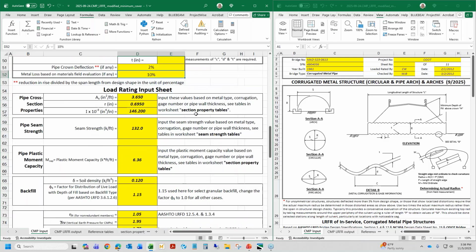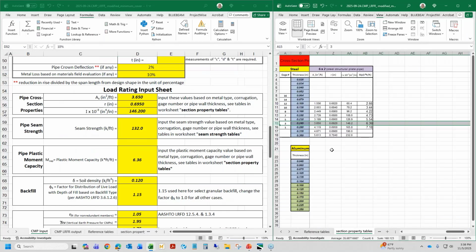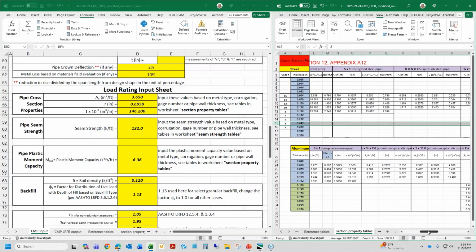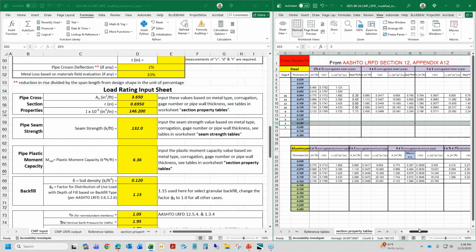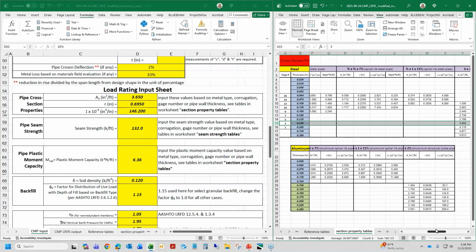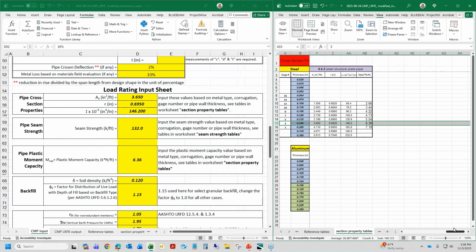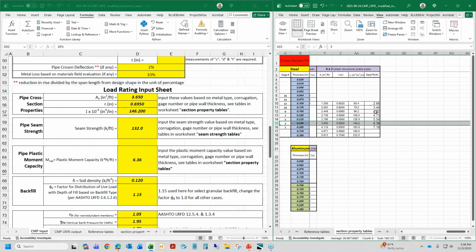Now, there are a number of tables in the spreadsheet. So I'm going to go to the section property tables, and there are section properties for most different structure types that you may come in contact with. But in this particular case, we're talking about a 6x2 corrugated metal structure, and it's a 3 gauge.